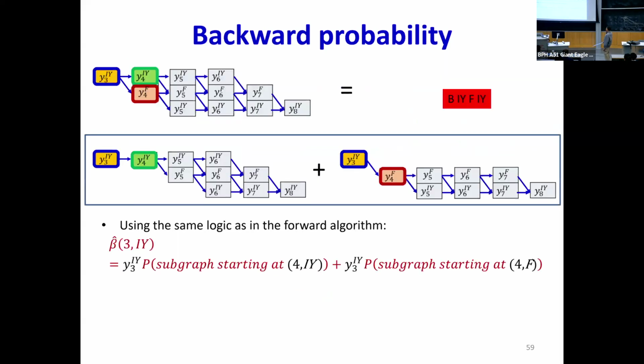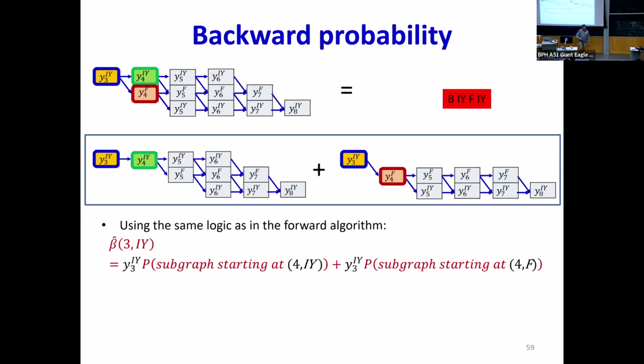Now, what are all the paths that go from Y3E to the bottom? There are only two ways in which I can go from Y3E to the bottom. I can go from Y3E to Y4E and then be in this portion of the graph, or I can go from Y3E to Y4F and be in this portion of the graph.